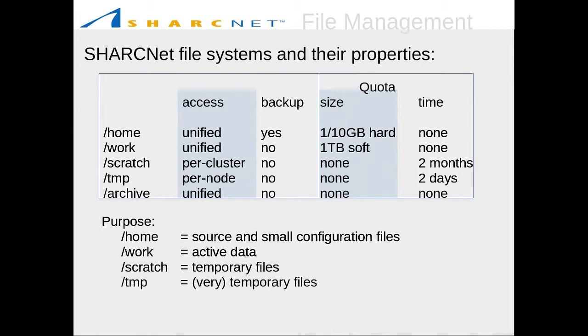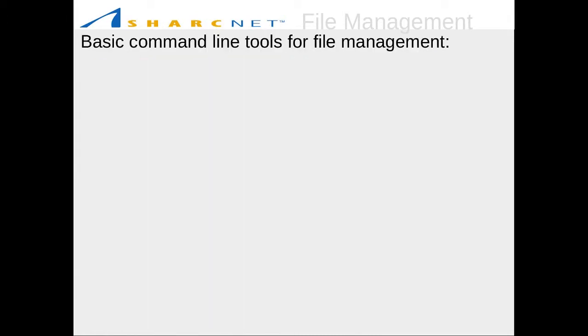So these are really just internal to the compute. And then archive, clearly because it has no quota in terms of size or time, is a great place for long-term storage, and it's unified, so moving data to archive and back to the more compute-purposed systems is very convenient.